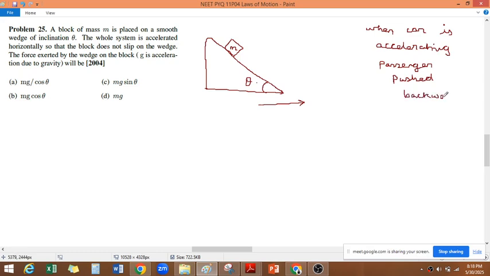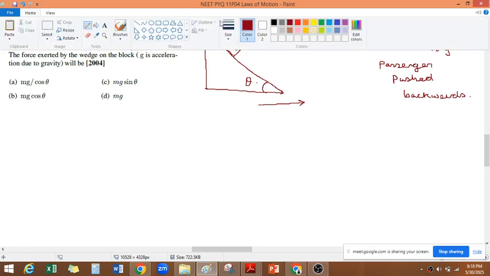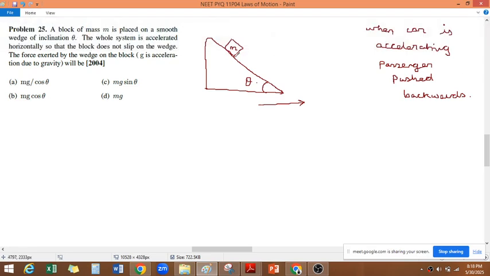So this is the underlying principle. If you don't know this, you cannot do this problem. You know that mg is acting downwards here. Normal reaction is acting this way.